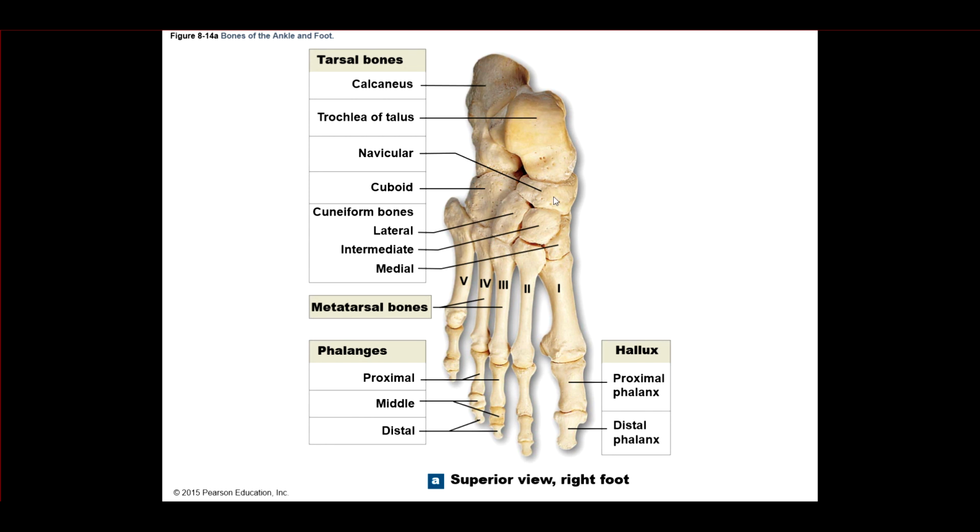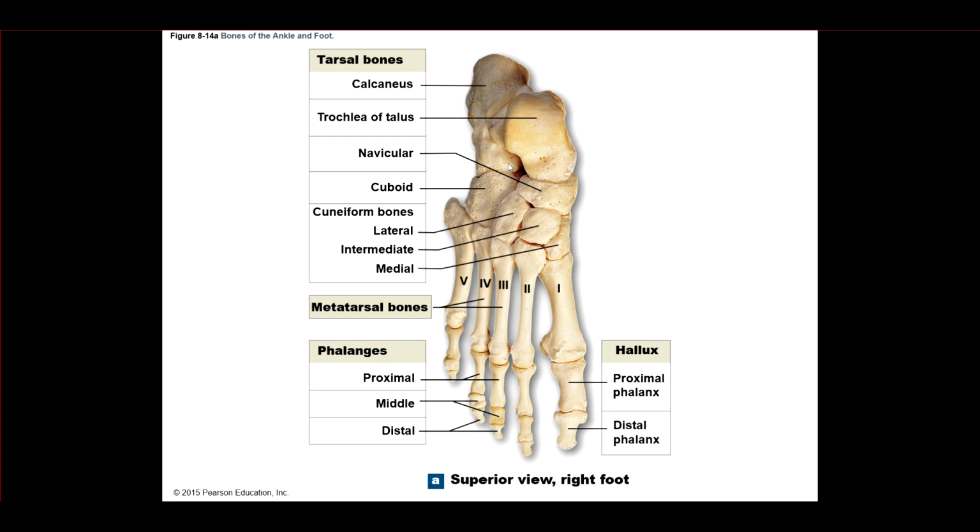They're named cuneiforms: the medial cuneiform, the intermediate cuneiform, and the lateral cuneiform. So medial is in line with the big toe. If you look down at your big toes, it's always medial, intermediate, and lateral. And then the last bone here, kind of like a box, is called the cuboid. That's going to be lateral to the lateral cuneiform, but it's also anterior to the calcaneus.